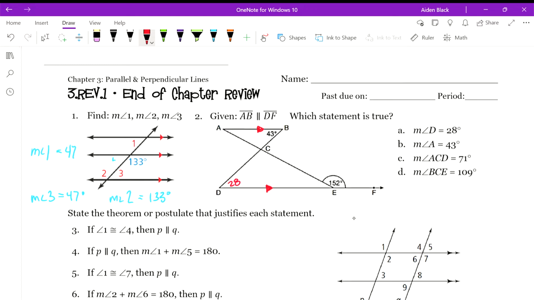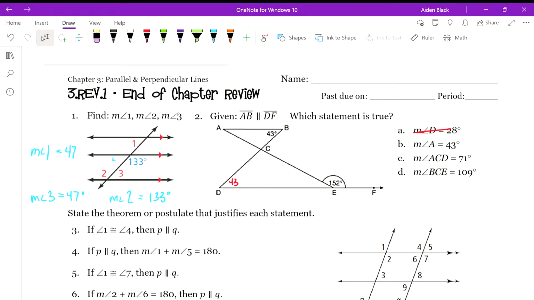Well, no, because this angle is alternate interior to this one. Since this line DB forms a transversal cutting our parallel lines, D should actually be 43 degrees as well. So I'll just put a 43 here. No, this is not true.